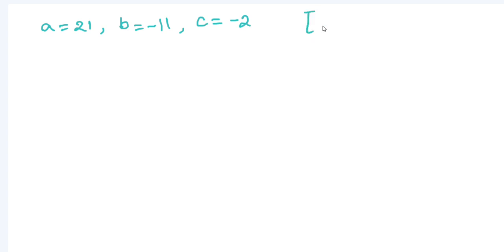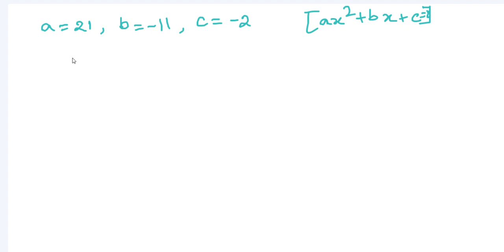How do we get that? By comparing with Ax square plus Bx plus C equal to 0. If we compare this equation with our quadratic equation, we get the coefficients A, B and C.